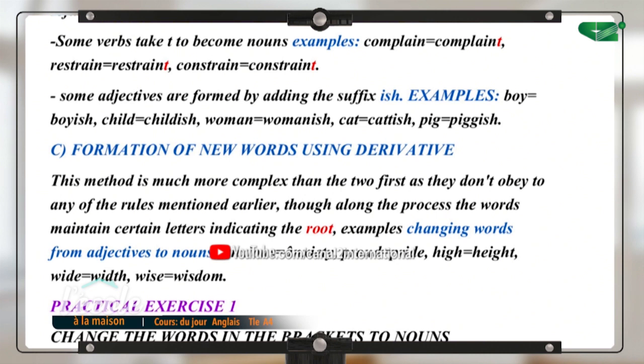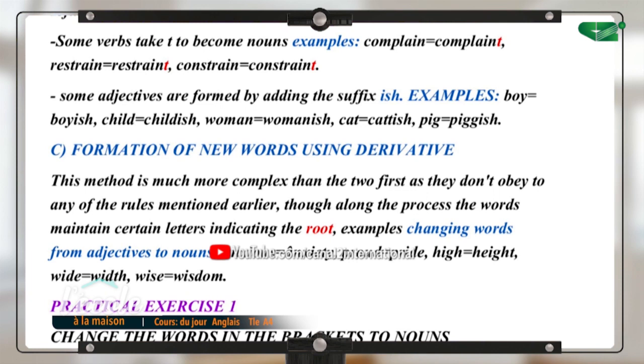That is a character which is ranked under those concerning boys. Child, you say childish. That is, you behave like a kid, like a small boy. Woman, womanish. That is acting like a woman. Cat, cattish, with characteristics of a cat.